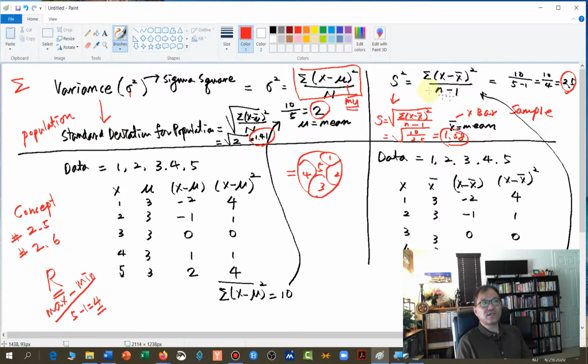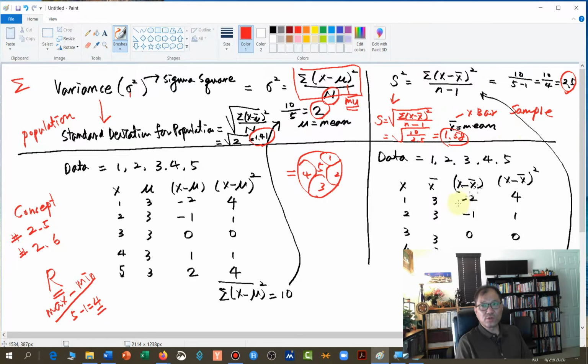However, if you want to see variance for the sample, which is written as s square instead of sigma square, the equation looks very similar. The only difference is the denominator. For the population, the denominator is capital N, the total number of cases, right? So here we have 5 cases, 1, 2, 3, 4, 5 population data.